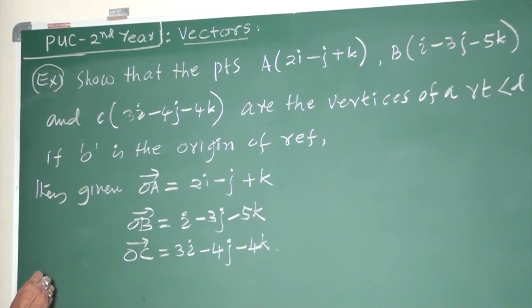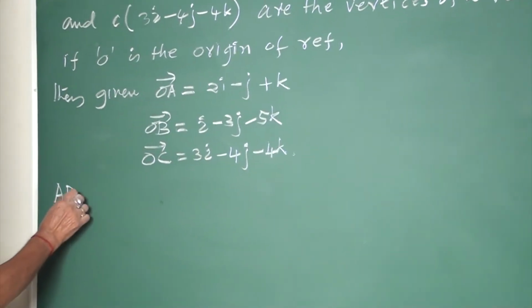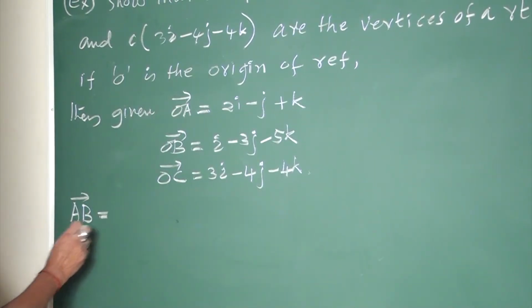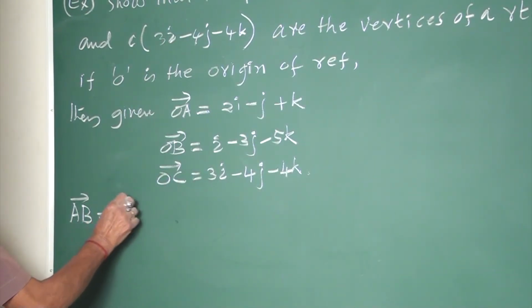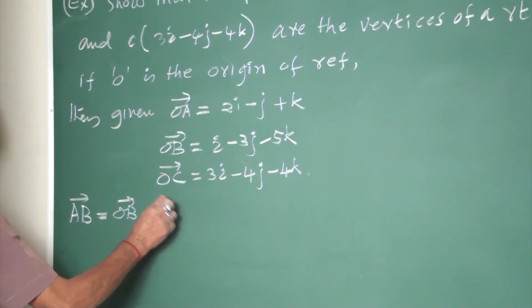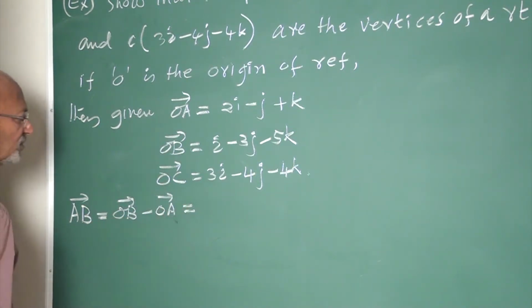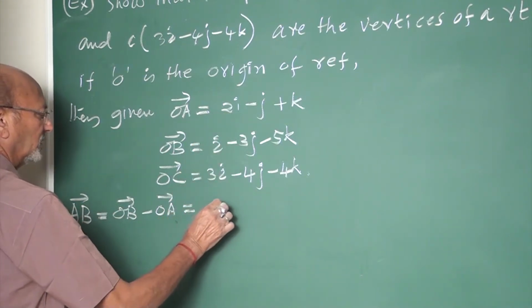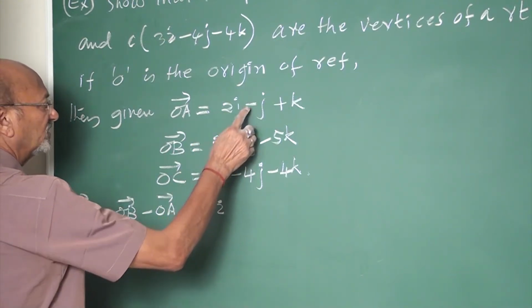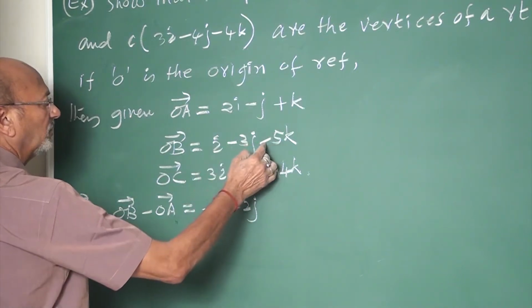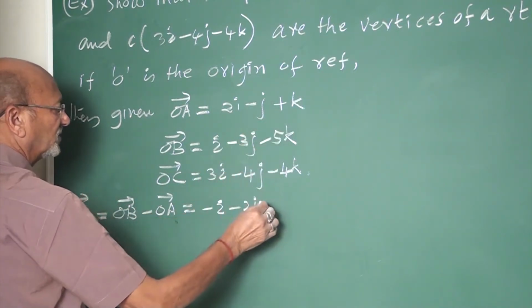Within this we must find the sides now. Side AB, vector AB, is what? By the result, position vector of the second point minus position vector of the first point. This is OB minus OA: i minus 2i, minus 3j plus j, minus 5k minus k.